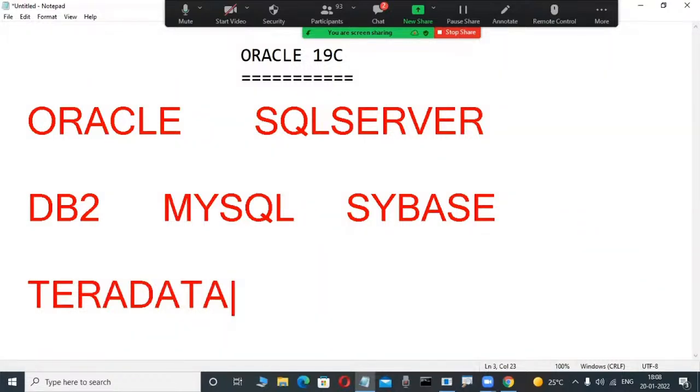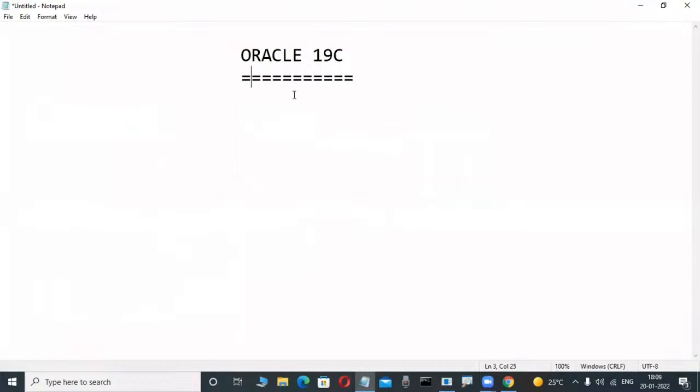Teradata is a database product from NCR Corporation. SQLite is a database product. Like this, so many database products are there from different companies. That's why Oracle is one of the popular database products.